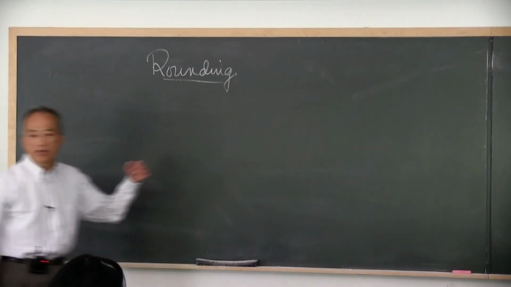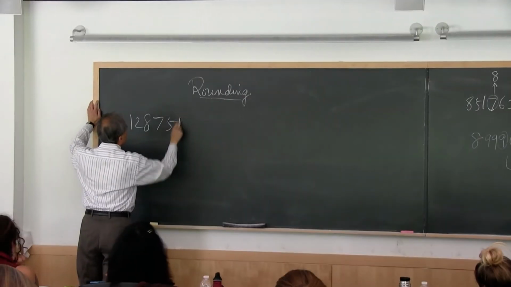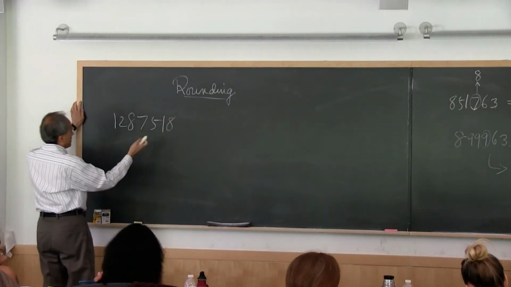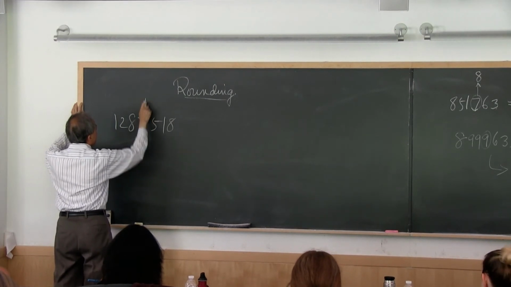In case that's not clear enough, let's try something. Suppose I want to round this to the nearest thousandth, right?